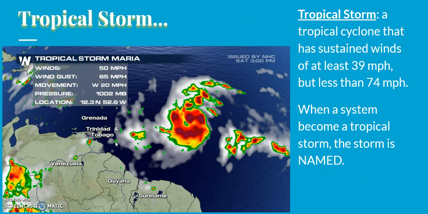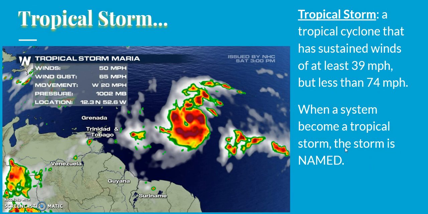If a tropical depression gets a little bit better organized and strengthens, it can become a tropical storm. A tropical storm is a tropical cyclone that has sustained winds of at least 39 miles per hour, but no more than 74 miles an hour. When a tropical cyclone becomes a tropical storm, then it gets a name. Remember, when it's a depression, it just gets numbered.